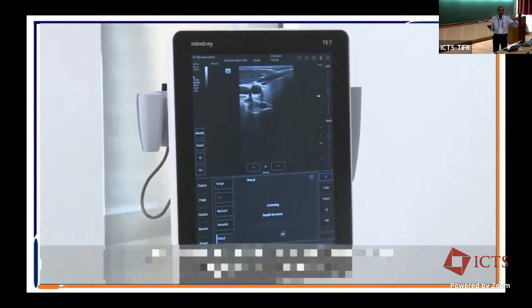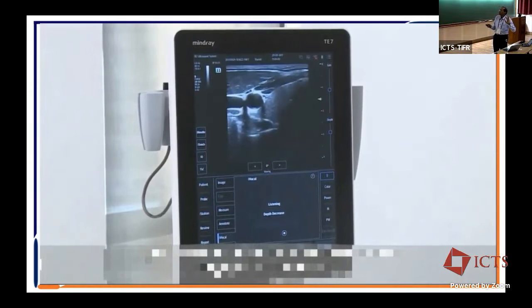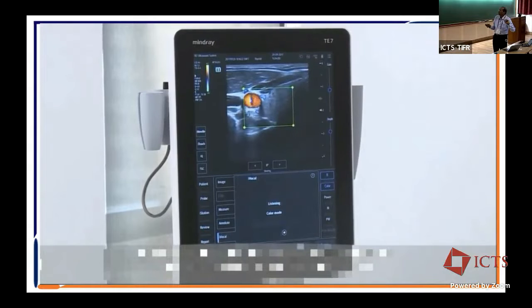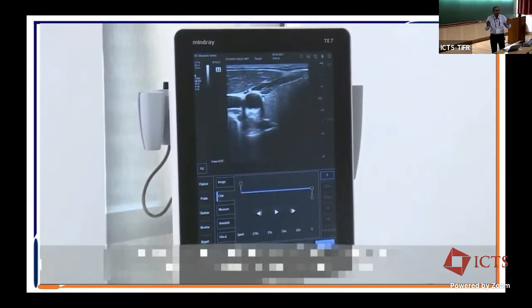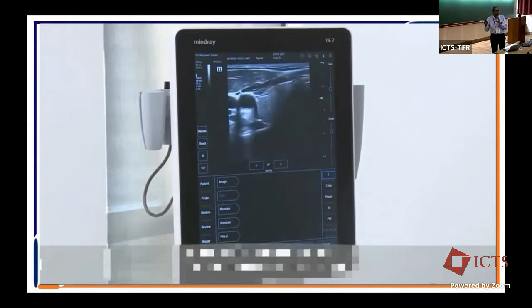He's not touching any buttons. Depth decrease. Depth decrease. Color mode. Immediately, color comes on. And freeze. So the machine is able to listen to all the commands. Save image. Both your hands are free. You can freeze the image, store the image. Unfreeze. Measure this. It does everything.